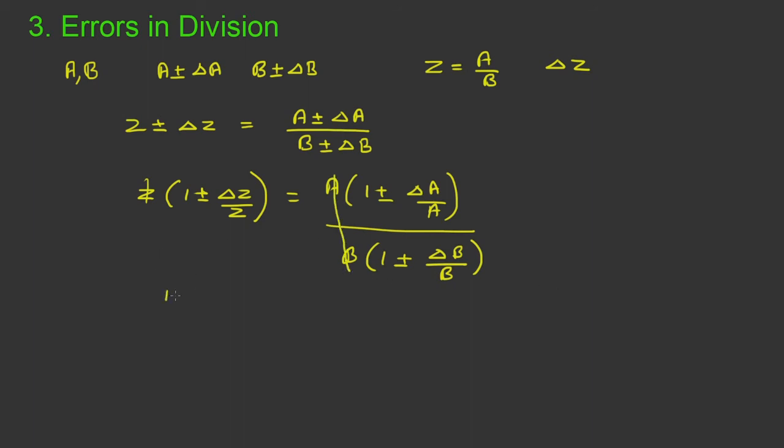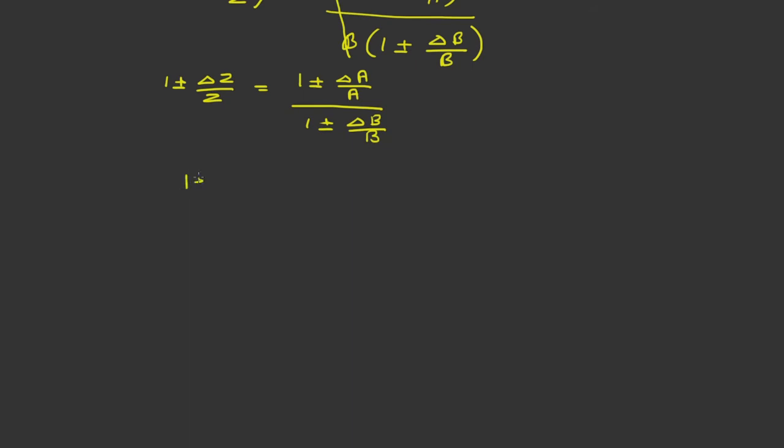Therefore, the equation becomes 1 plus or minus delta Z by Z is equal to 1 plus or minus delta A by A divided by 1 plus or minus delta B by B. This can be written as 1 plus or minus delta Z by Z is equal to 1 plus or minus delta A by A into 1 plus or minus delta B by B the whole raised to minus 1.